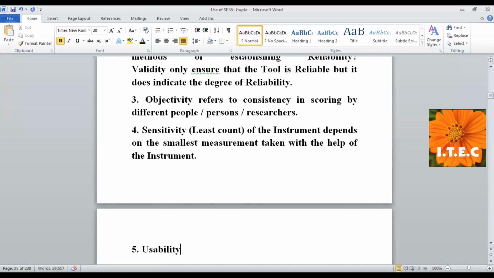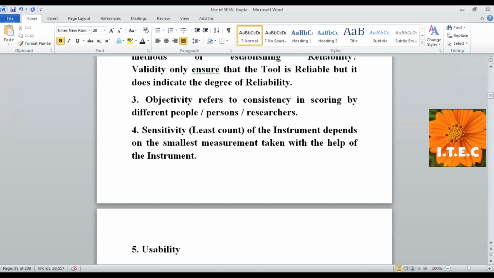And the information about the tool is given in the booklet, and that booklet we call a manual. So therefore, the usability of the tool is given in the manual.